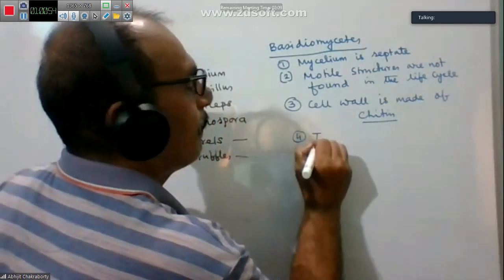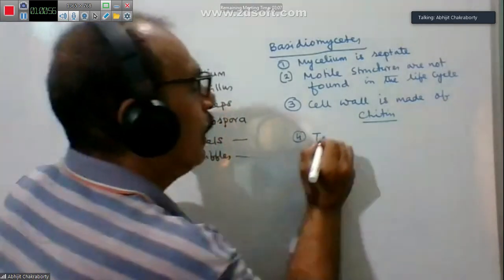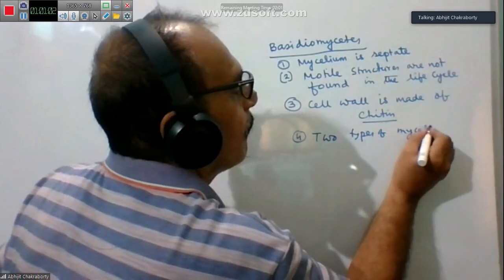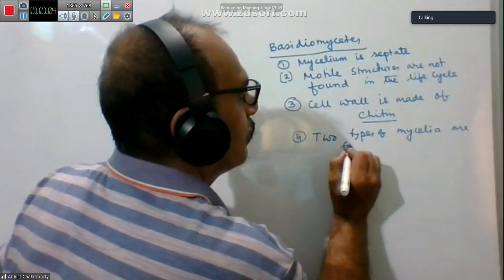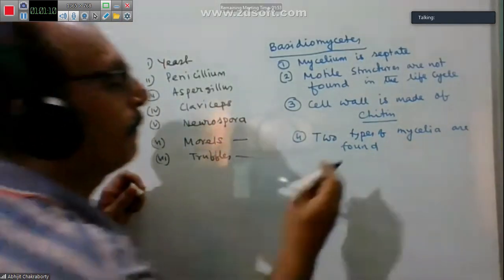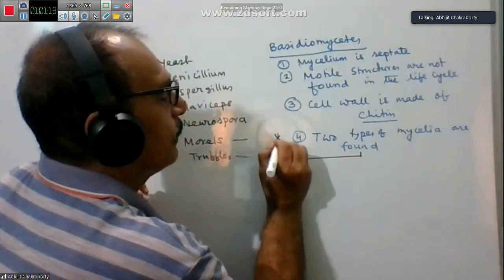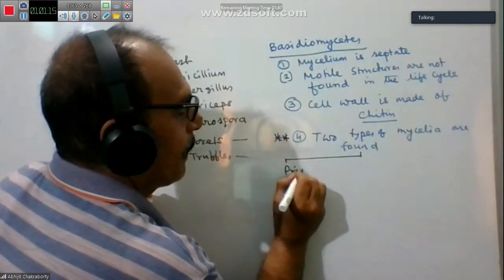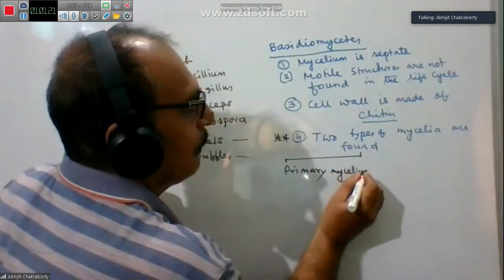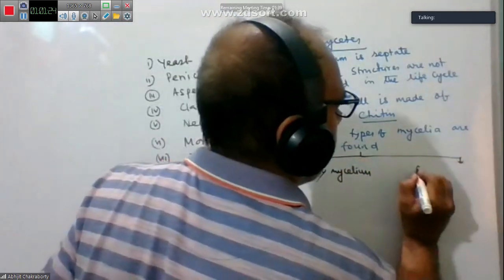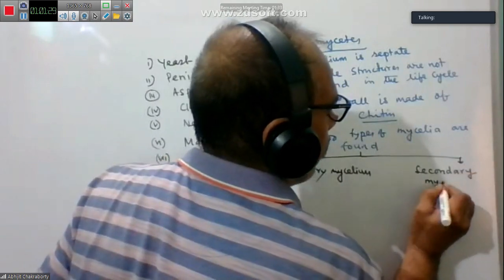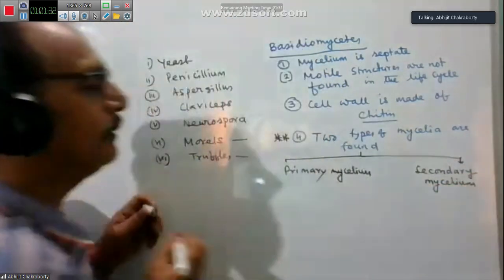Two types of mycelia are found. Most important: primary mycelium and secondary mycelium.